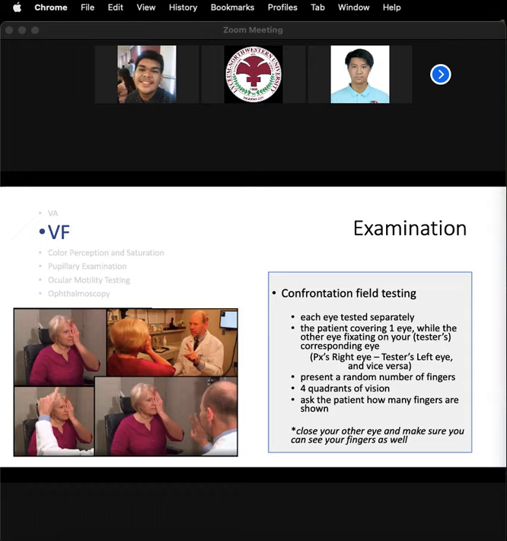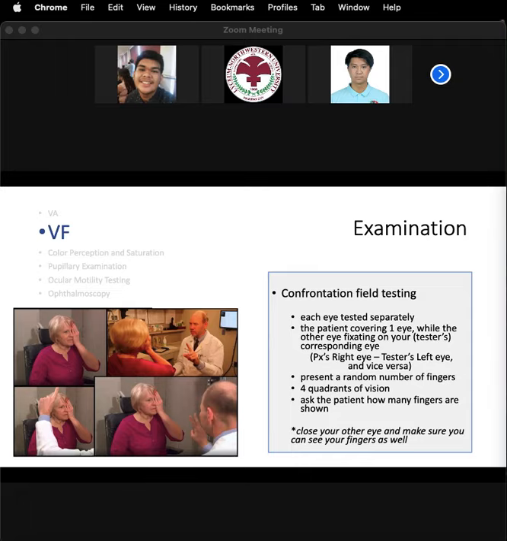If the patient's right eye is open and the left eye is closed, you will have to open your left eye, the eye that's facing the open eye of the patient, because you will test the patient through your own vision. So it's the patient's right eye and the tester's left eye. Then do the same for the other.